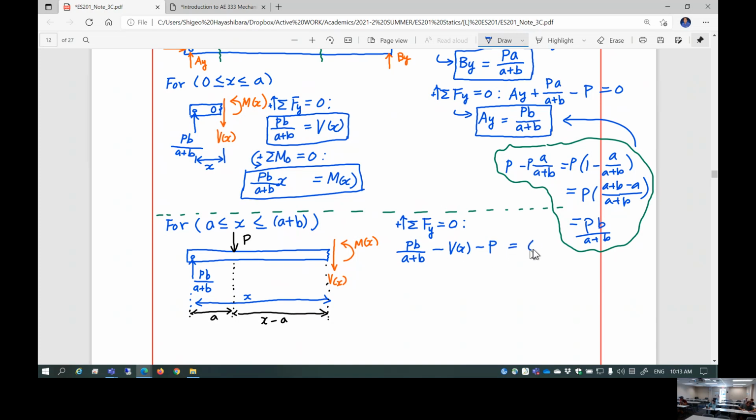All of them added together is 0. This is going to conclude that the internal shear developed in the range of x from A to A plus B is negative PA over A plus B.